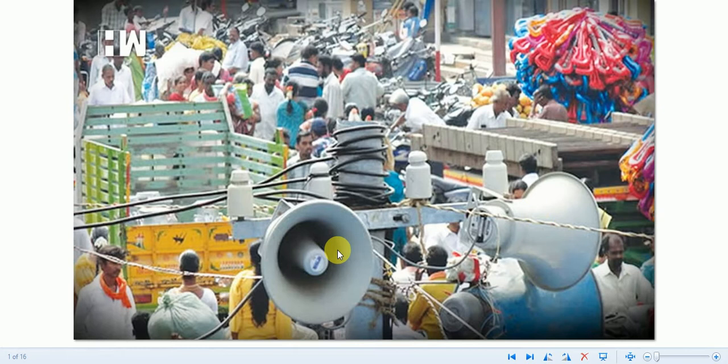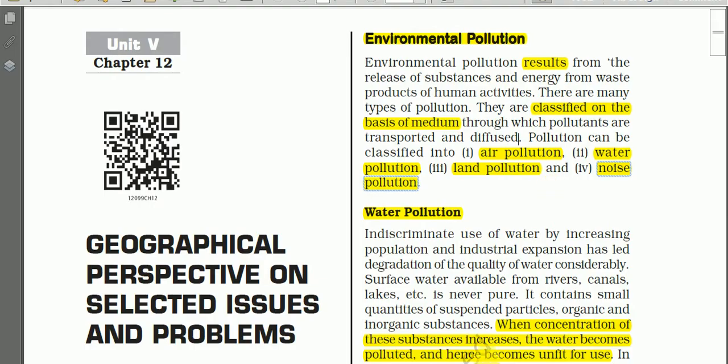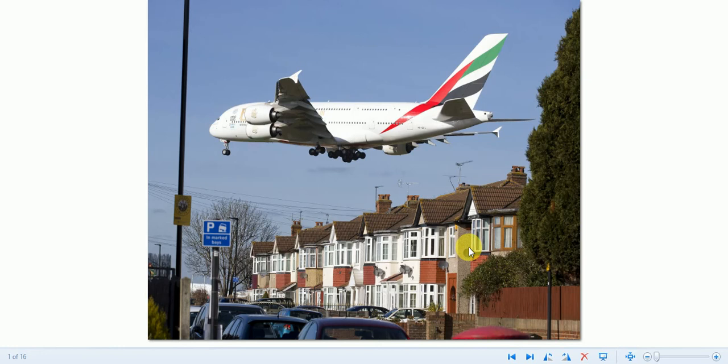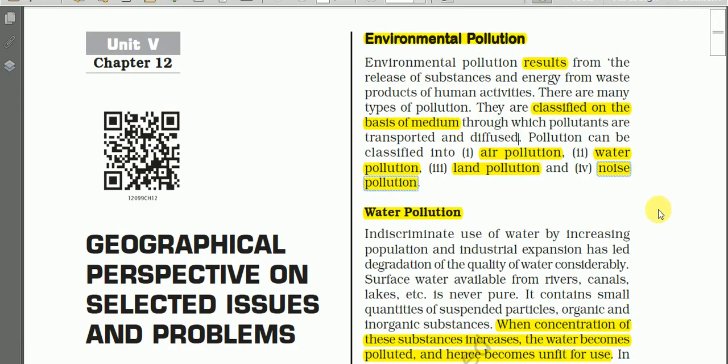You may be seeing these mics, loudspeakers causing noise pollution. And here this is another scene, okay, of noise pollution, aircrafts. So these are the four main types of environmental pollution.